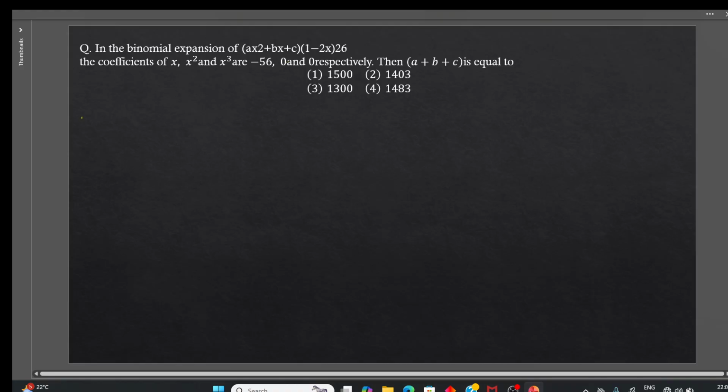So the expansion of 1 minus 2x whole to the power of 26 using the binomial expansion is the summation of k equals 0 to 26, 26 choose k, 1 to the power of 26 minus k, and minus 2x to the power of k.